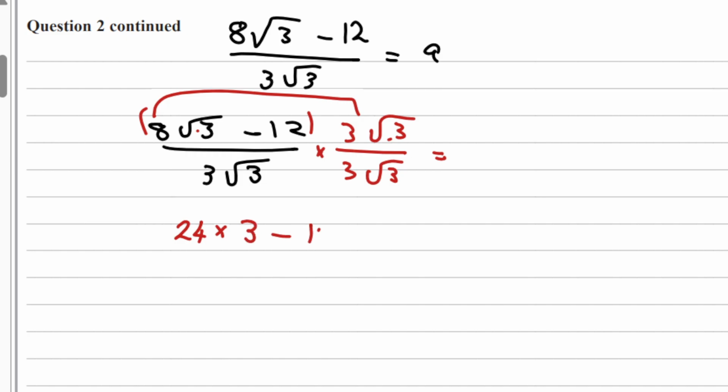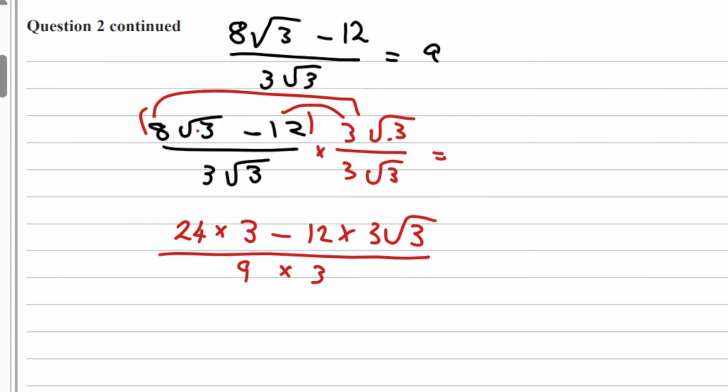Minus 12 times 3 root 3, divided by 3 root 3 times 3 root 3 is 9 times 3, because 3 times 3 is 9, and root 3 times root 3 is 3. Have you noticed we wrote a 3 in every single term? There is no need for this 3, so I'll just cancel all the 3's here, here, and here.